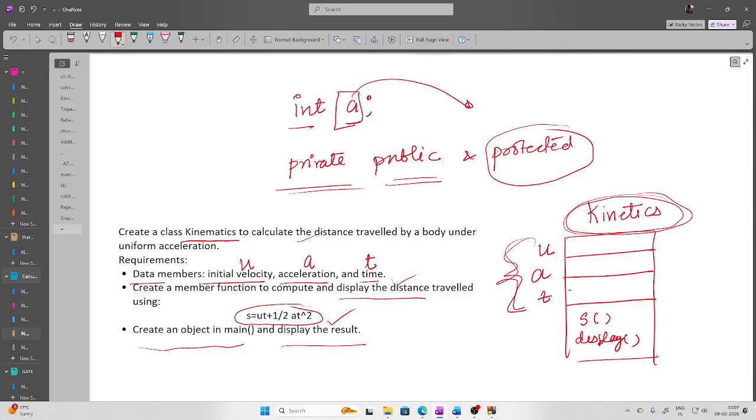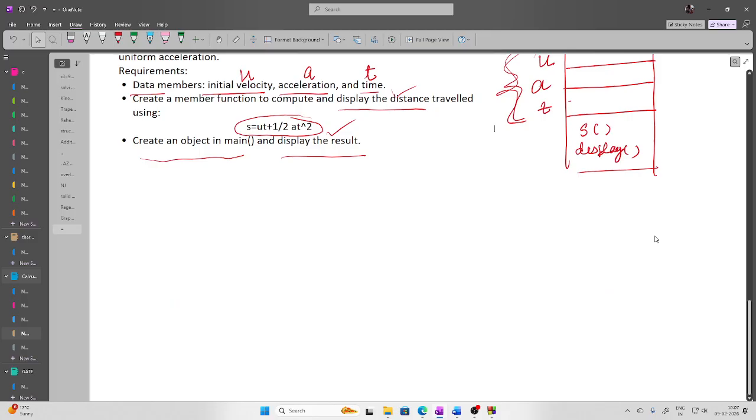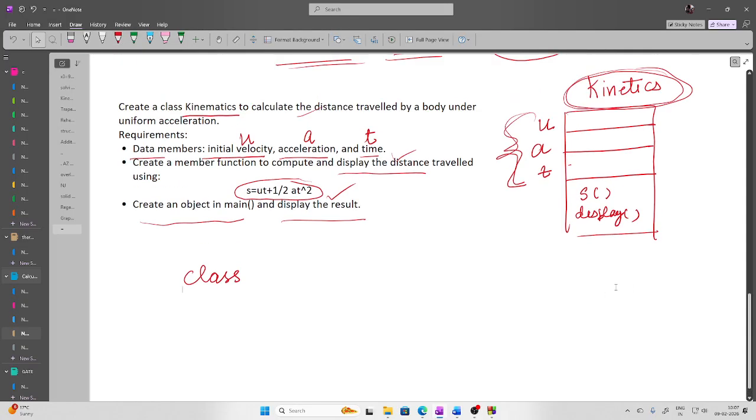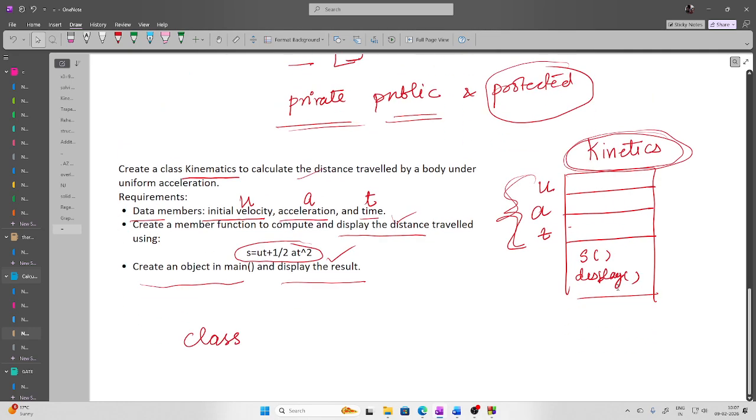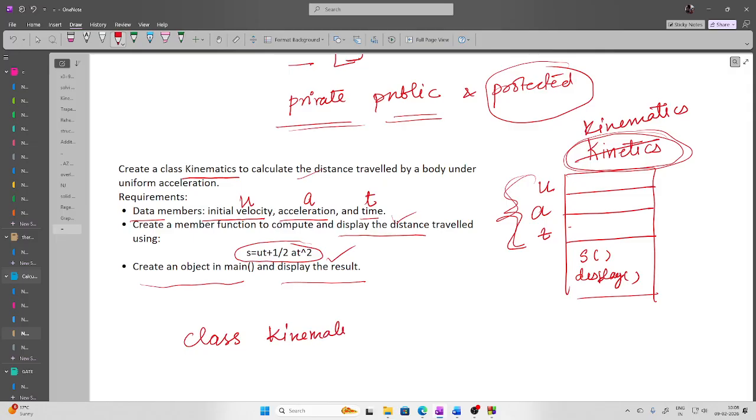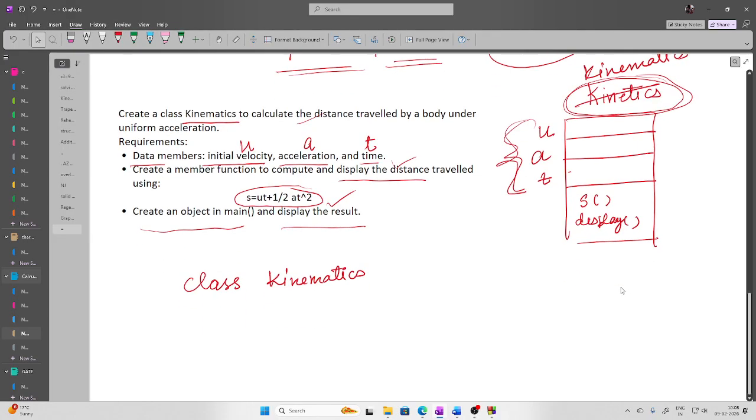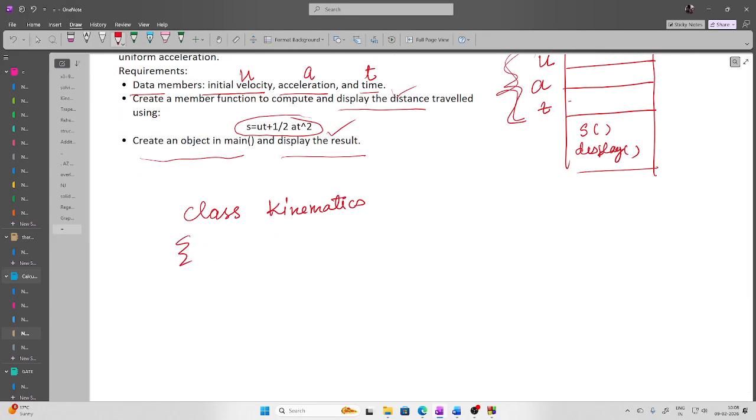Once this is understood, the next task is how to define a class. It is very similar to structures: the keyword class, then the name of the class. What was the name of this class? It was kinematics, not kinetics. So let us write kinematics. Now inside this, what are there?